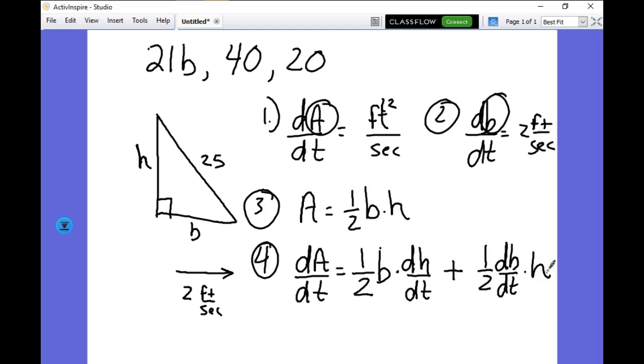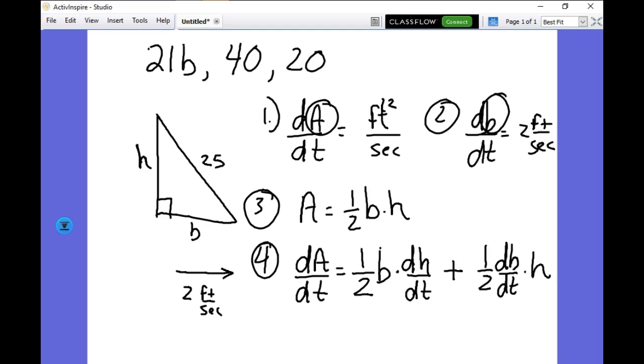Okay, now I could write this a little bit different so it looks a little bit more familiar to you guys, but if I wrote it like this, maybe it would make more sense to you if you're not already seeing it. You guys remember that? That's the product rule, right? So that's all I did there. I had to do the product rule because I have 2 variables that are being multiplied together.